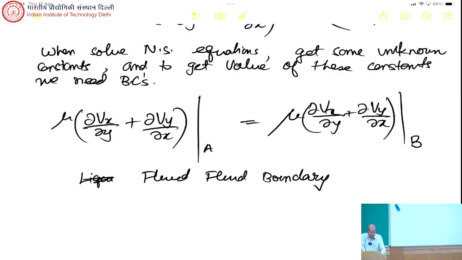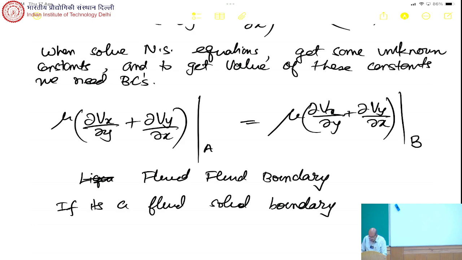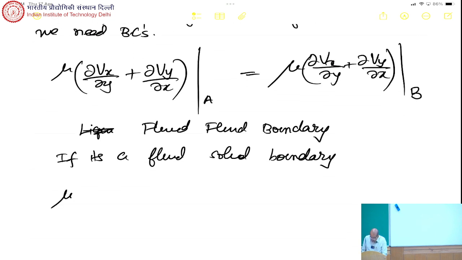Now what happens is, there is a particular case. If it is a fluid solid boundary, then what you will have is mu partial Vx by partial y.